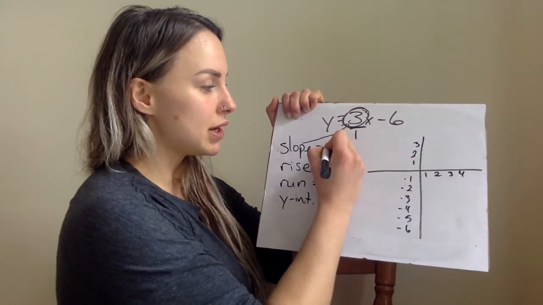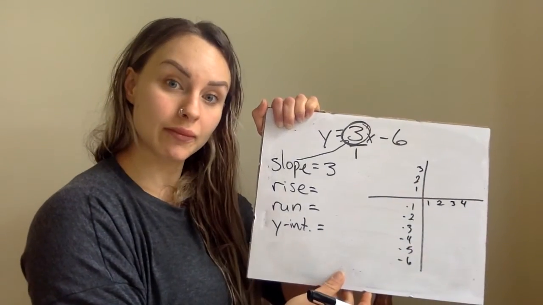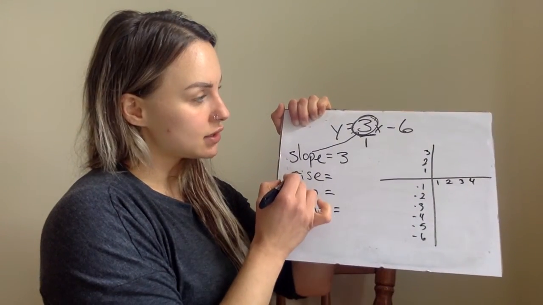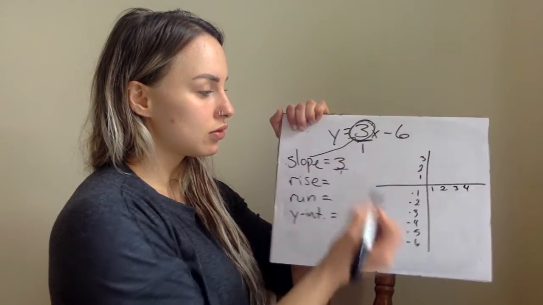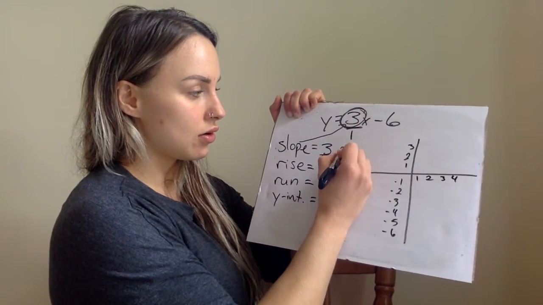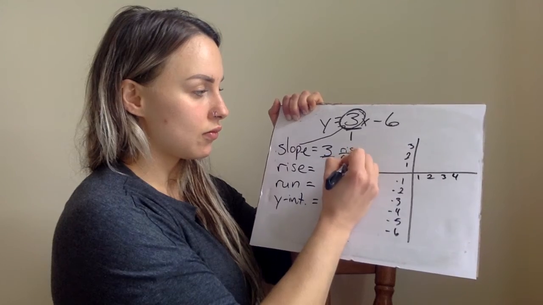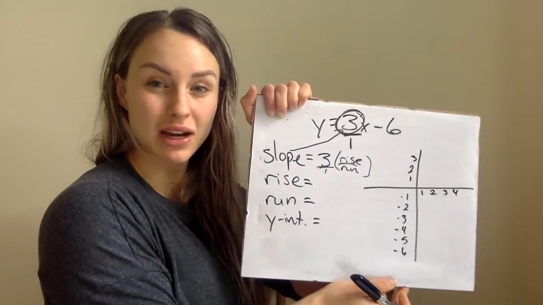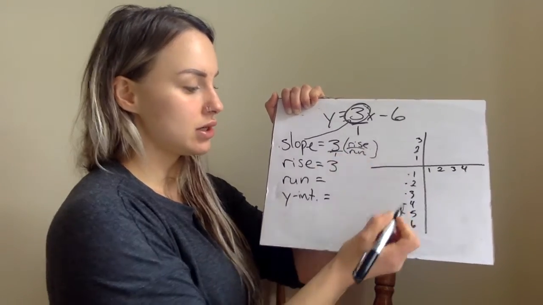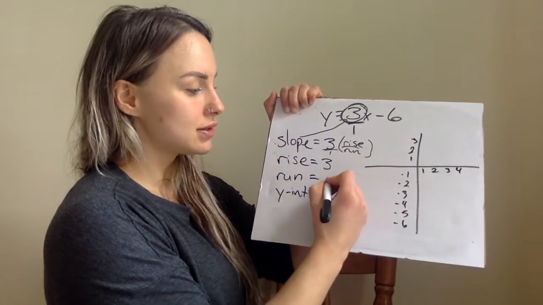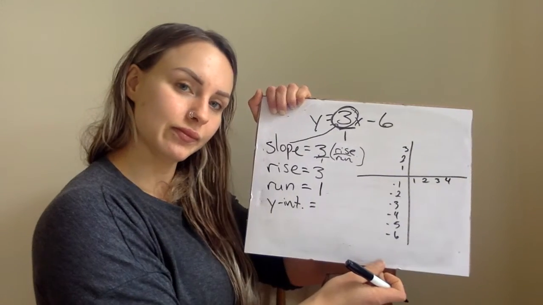Okay, so our slope is 3. And then it's asking us for our rise. So we take our slope, put that in brackets beside it if you need to. So it rises up 3 and it runs 1.